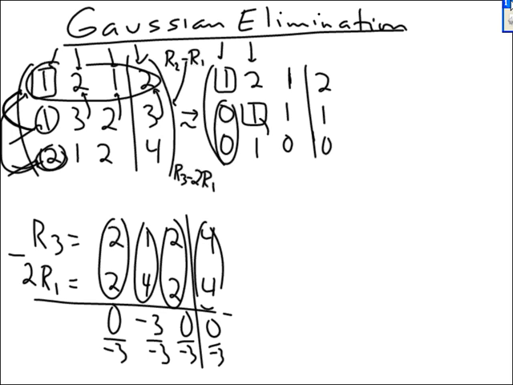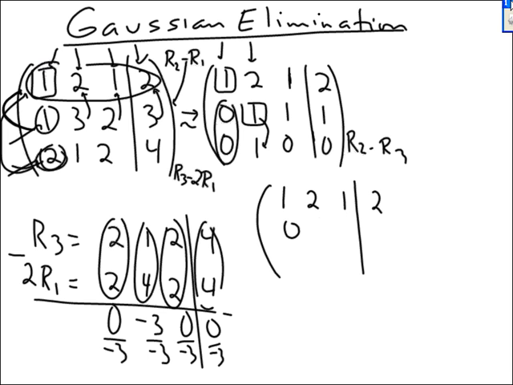So I'll just subtract: I will just do row 2 minus row 3. I have 1, 2, 1, 2 for row 1, 0, 1, 1, 1 for row 2, and 0 minus 0, 1 minus 1, 1 minus 0, 1 minus 0 is 1.